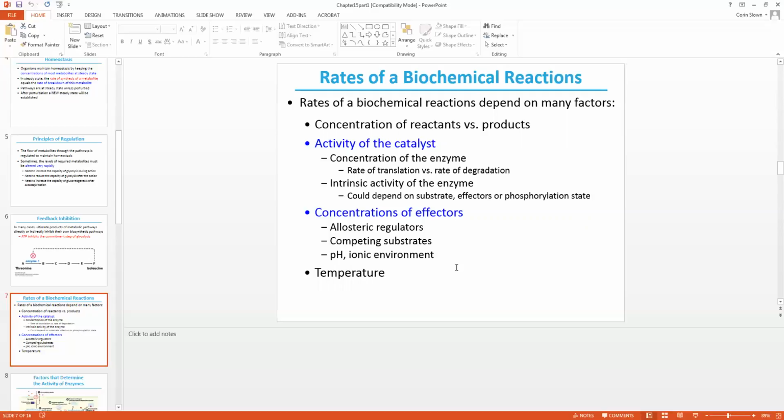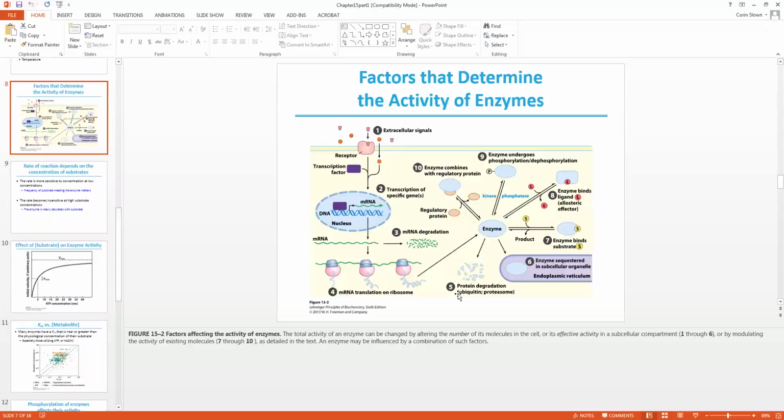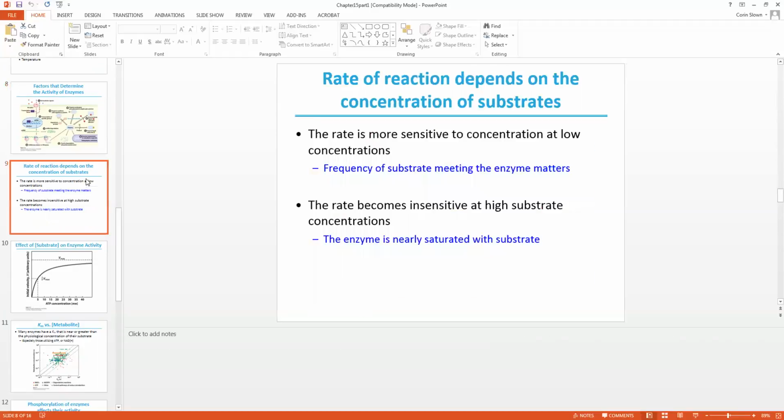So here we're talking about things like allosteric regulators, competing substrates, pH or the ionic environment, and then of course there's also the role of temperature. When you're looking at factors that determine the activity of enzymes, we're really looking at the number of molecules that are in the cell or its effective activity in a subcellular compartment, or the ability to modulate activity of existing molecules. I could combine these factors to influence the rate at which enzymes have activity.